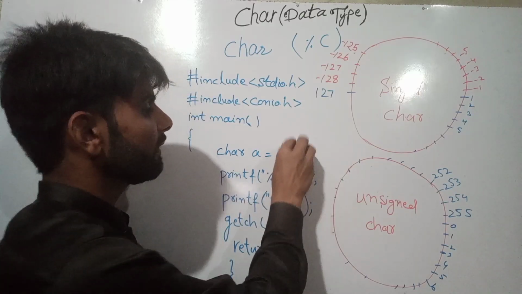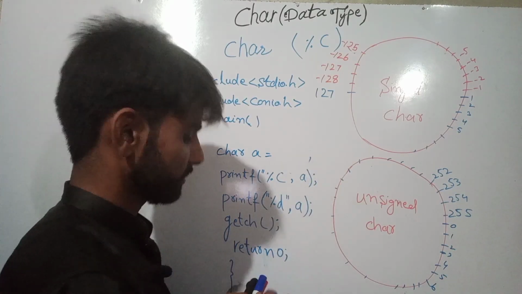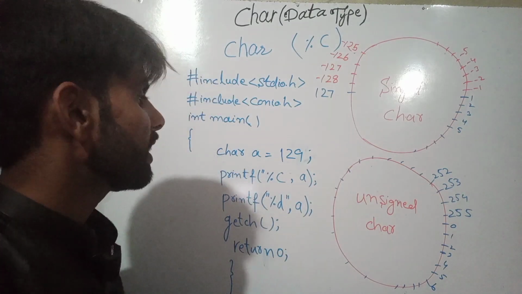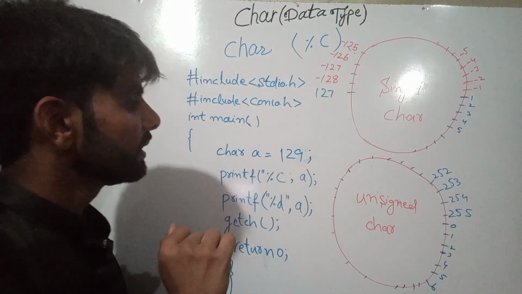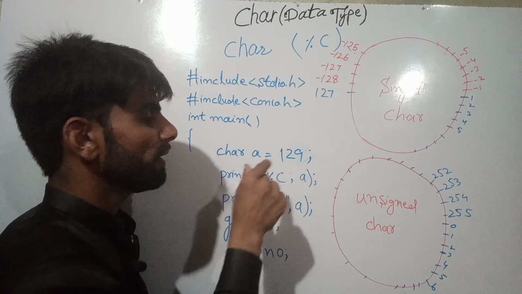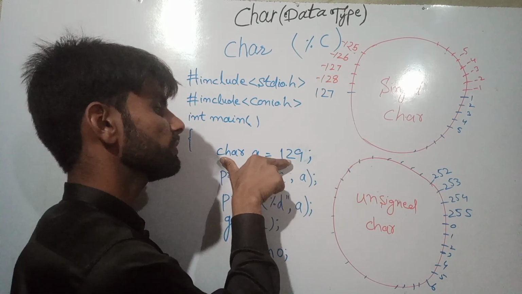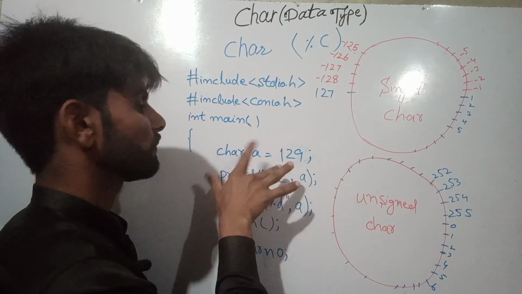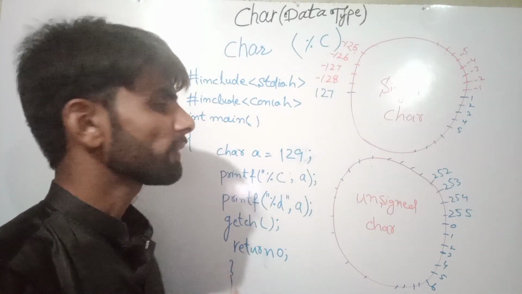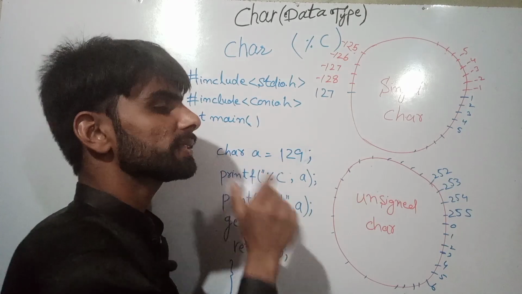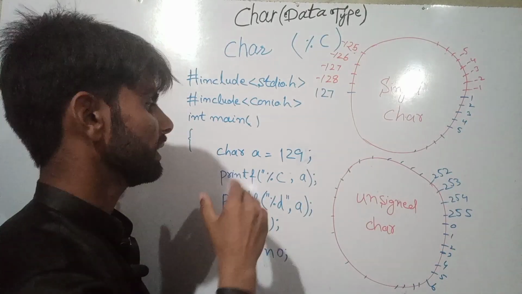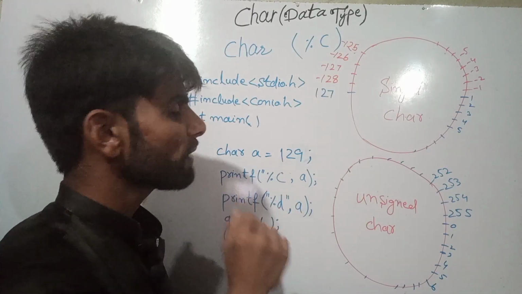So now if we write here 129, right? What will happen when we assign this value? When we assign the value, first of all the compiler checks whether this value is in the range of the data type.